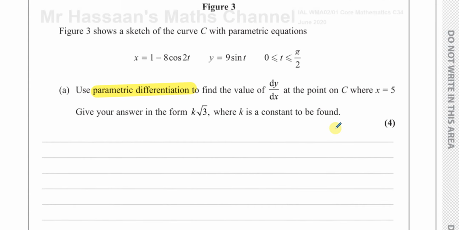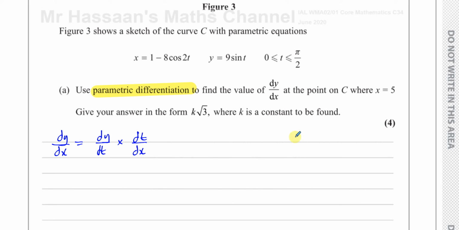To use parametric differentiation, we're going to use the chain rule. We want to find dy/dx at the point on C where x equals 5, so we've got to find an expression for dy/dx first. Using the chain rule, dy/dx is dy/dt multiplied by dt/dx, because the dt's cancel out.